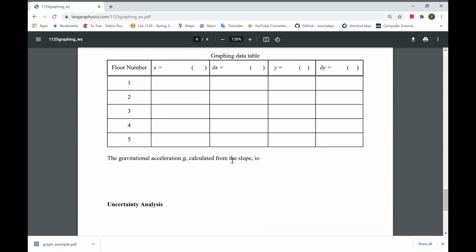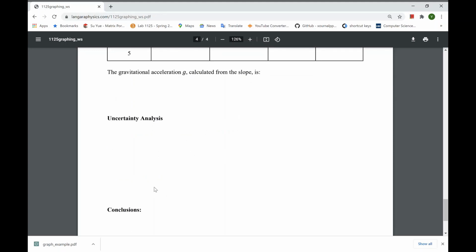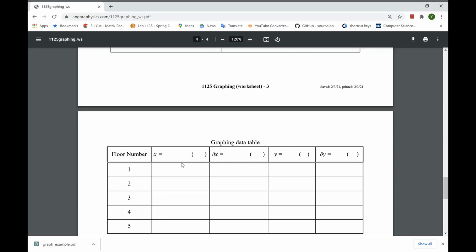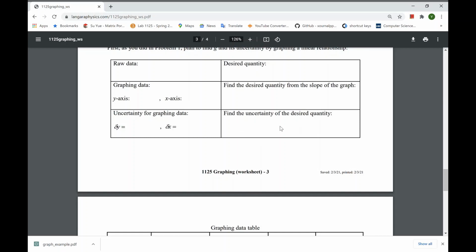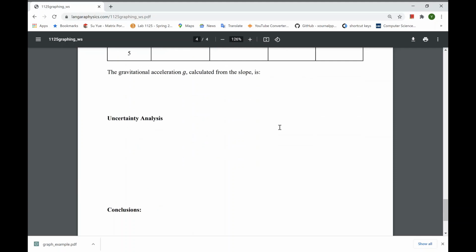So find out g here, and in the uncertainty analysis, find out delta g over g or delta g, depending on what equation you get here. What the equation you get earlier, just use that equation to find out the uncertainty of g.